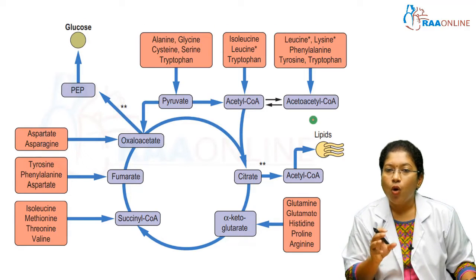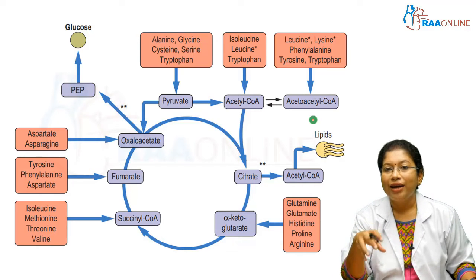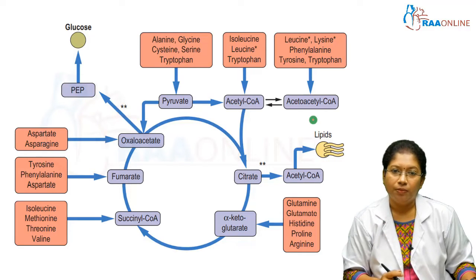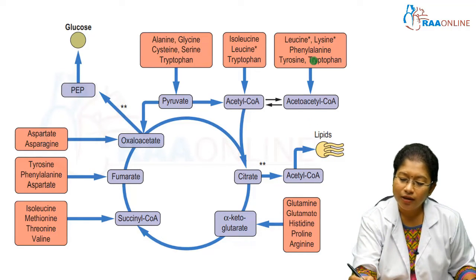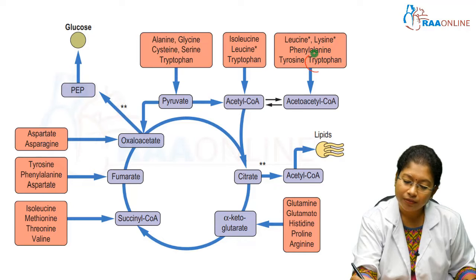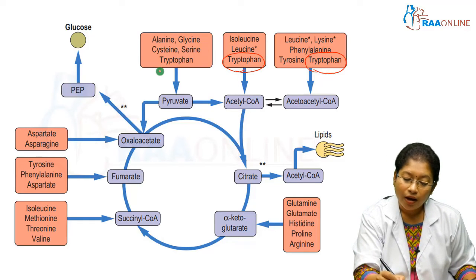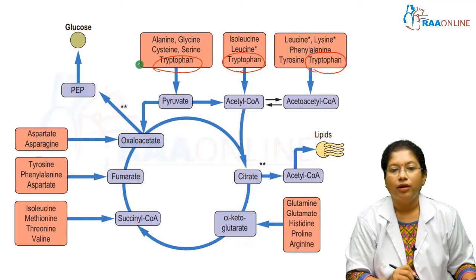So this is the overall picture of how an amino acid enters the glucogenic and ketogenic pathway. You can see the tryptophan here, also here, and here.